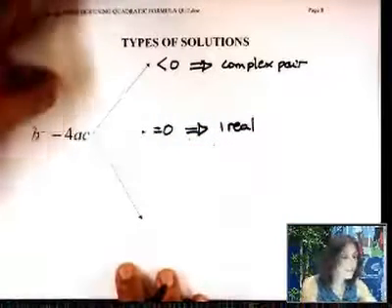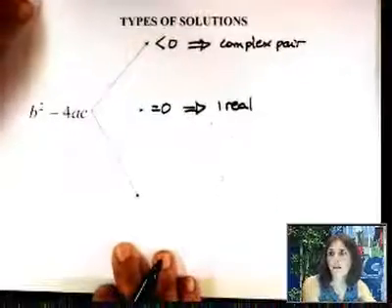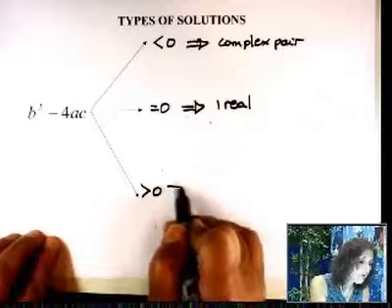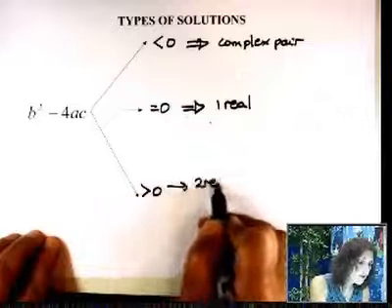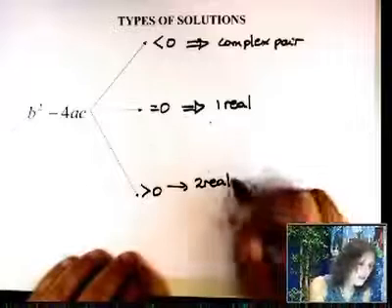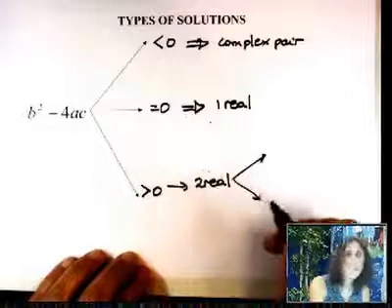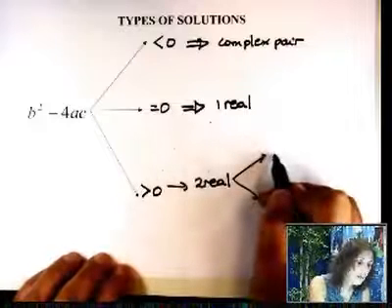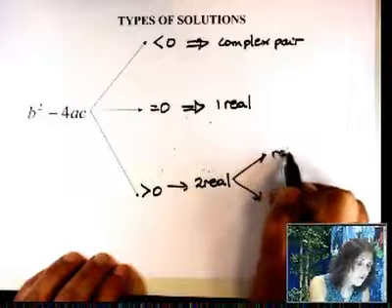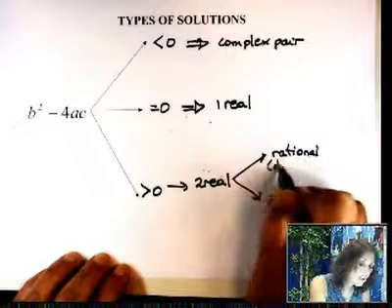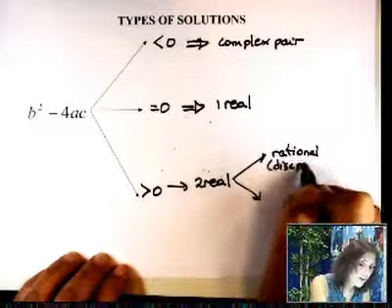When b squared minus 4ac was positive, I ended up with two real answers. Now, you have two different real answers. It was a nice answer when you didn't have irrationals. You either had two rational reals when the discriminant is a perfect square.